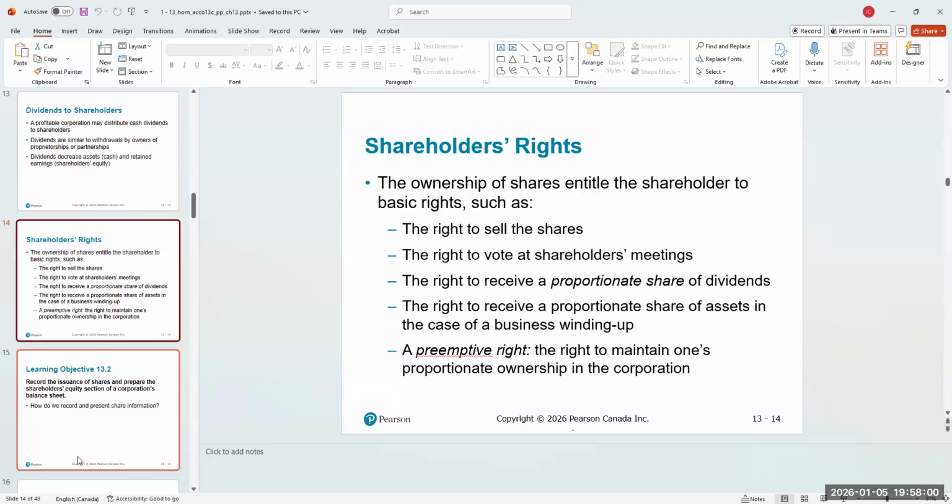Also, you have a right to receive a proportional share of the assets if the company decides to stop working. Let's say the corporation is doing well, but at some point they decide, you know what, that's too much hassle year after year after year.